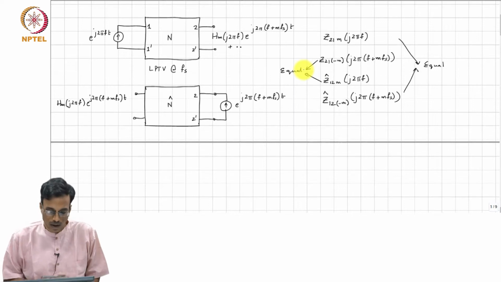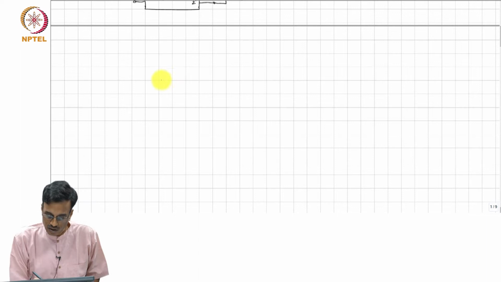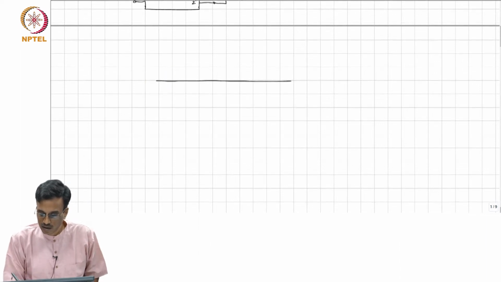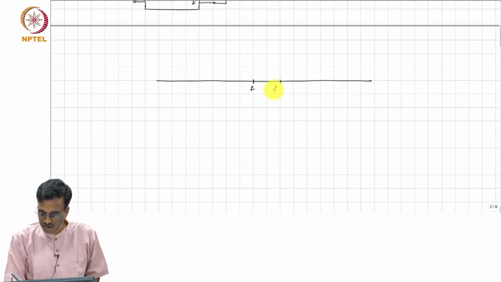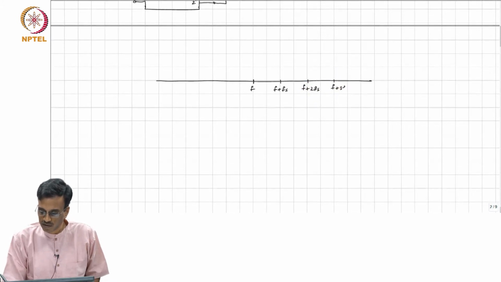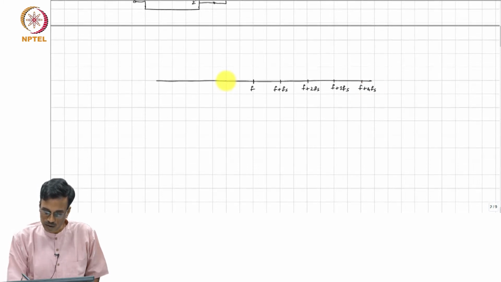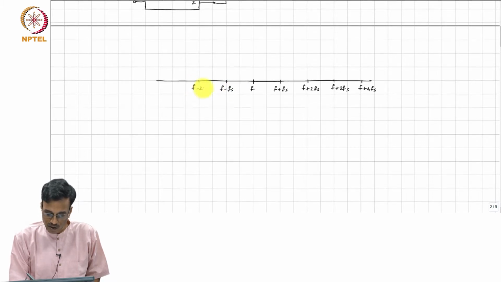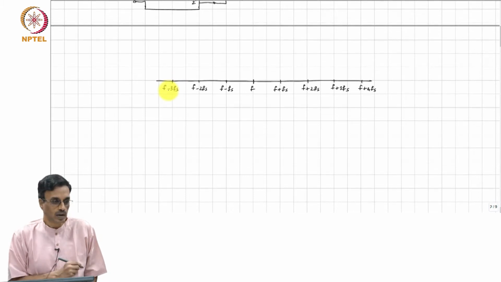Okay. And it's often very useful to see this as a picture rather than words. So, let us say this is f plus f s, this is f plus 2 f s, f plus 3 f s, f plus 4 f s, and so on. This is f minus f s, f minus 2 f s, f minus 3 f s, and so on.